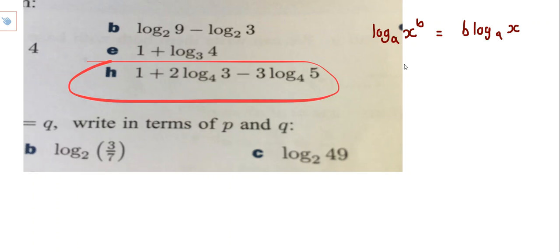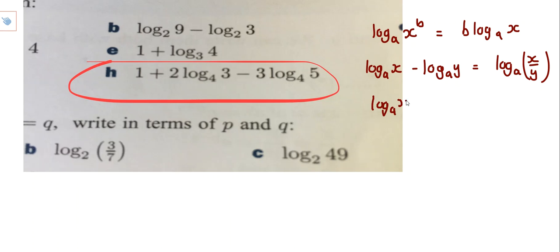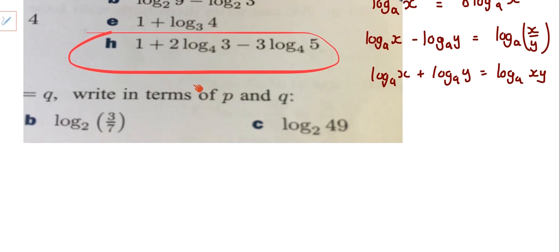We've also got that if we've got log to the base a of x and we've got minus log to the base a of y, that is the same as log to the base a of x divided by y. And if we've got log to the base a of x plus log to the base a of y, then we have log to the base a of x times y. So we're using all of those on this one.